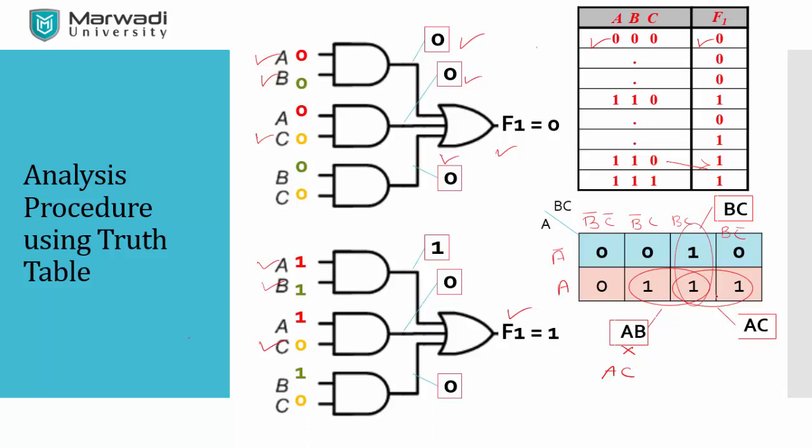Look over here, b is common from this side and a is common, so this is not ac, this is a dot b, and here it's nothing but bc. So the total function F1, I can write as a dot b plus a dot c plus bc. This is nothing but the function.